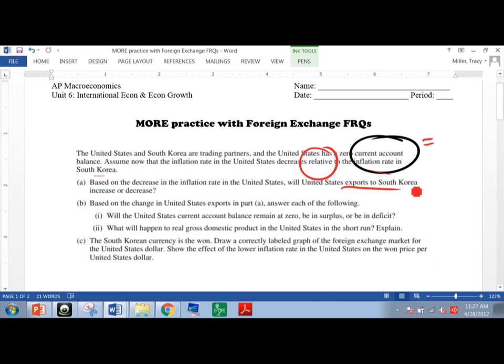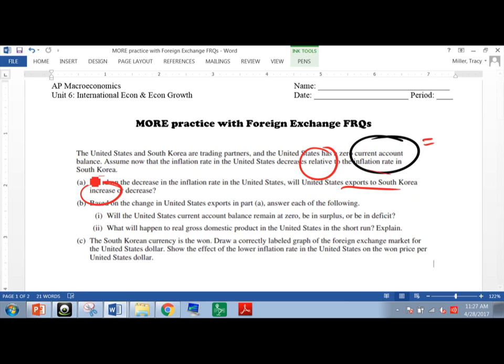From a South Korean perspective, all the American goods they purchase, when they go to a shop or go online, will have lower prices. The law of demand says that as the price of a good declines, the quantity demanded of that good will increase. So we would say that the exports to South Korea would increase because they're cheaper.